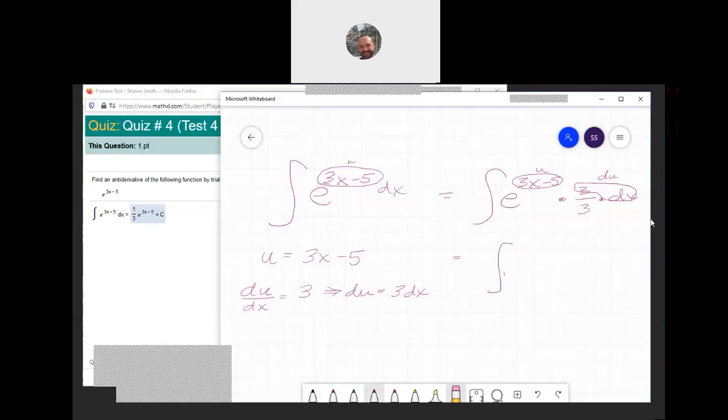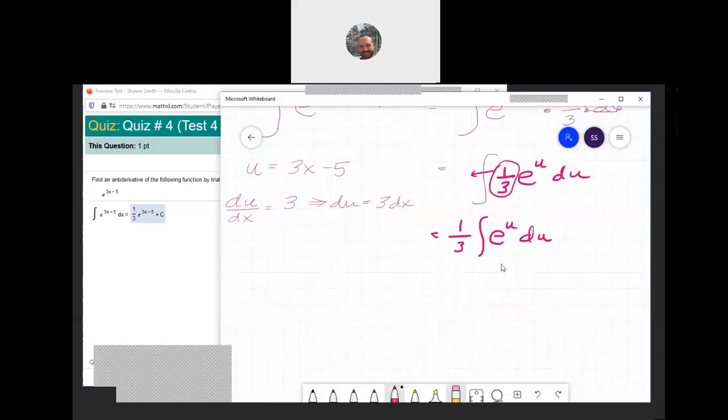So put the 1/3 in the front. 1/3 times e to the u du. 1/3 can come out of the integral if you want. And the antiderivative of e to the u is e to the u. So this is 1/3 e to the u plus some constant c, and then we go back and substitute what was u, 3x minus 5.